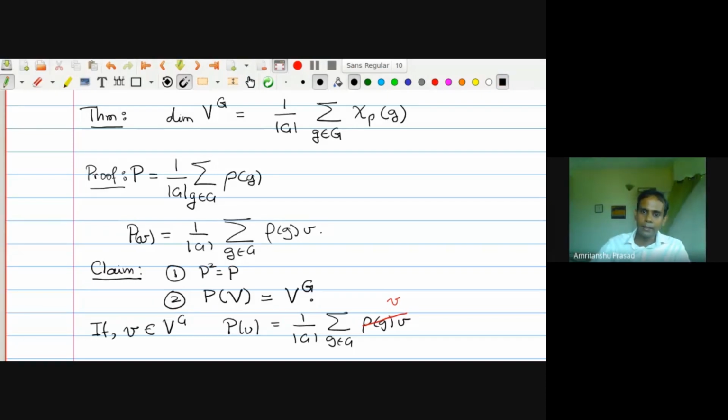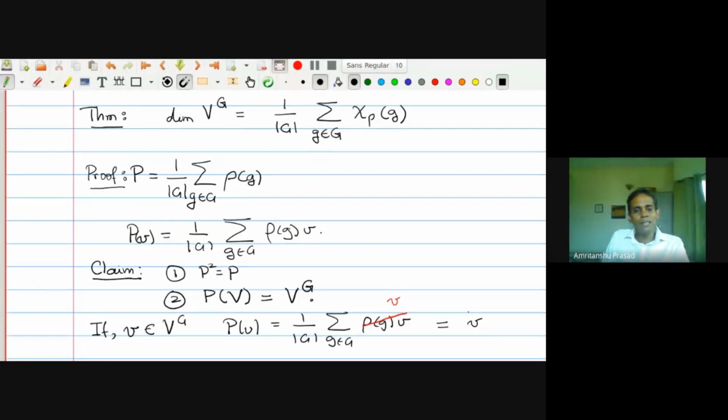So I just get the sum over g in G of the vector v itself, but then I'm dividing by |G|, so I get just v itself, because I will have added v to itself once for each element of G, so cardinality of G many times.